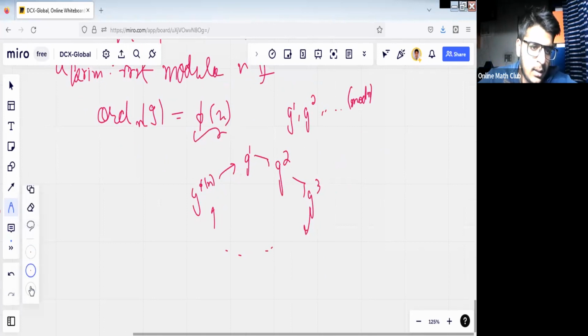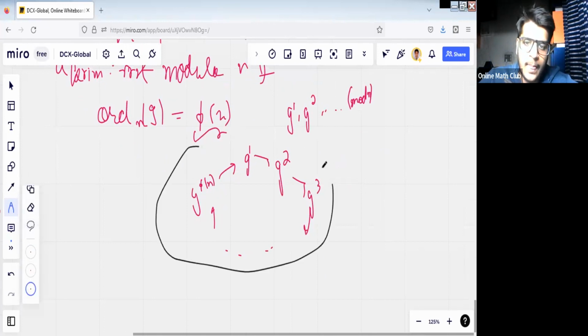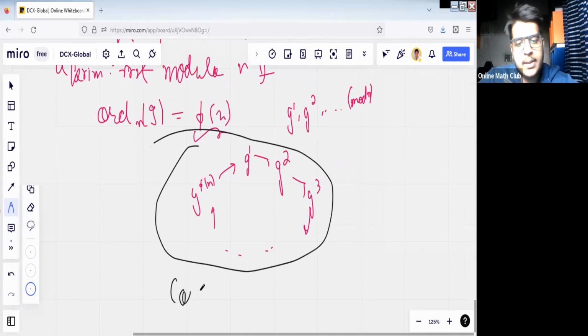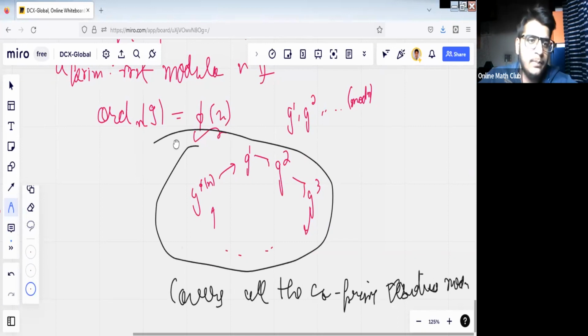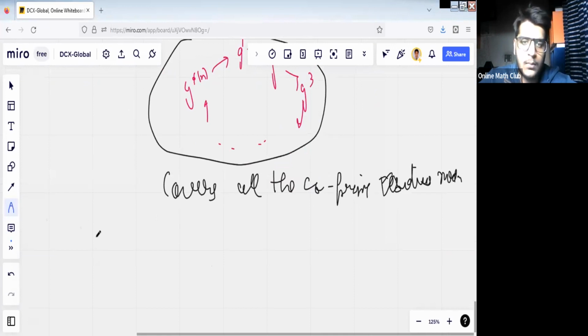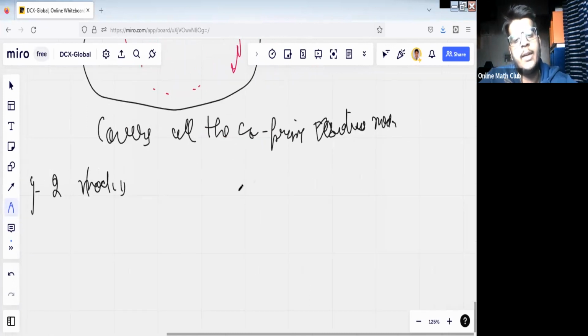This covers all the co-prime residues modulo n. For example, 2 is a primitive root mod 11. Phi of 11 is 10.